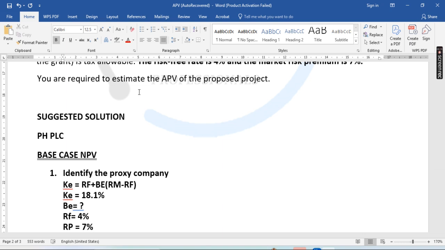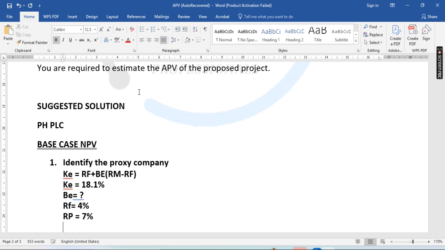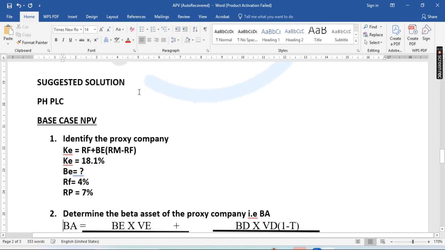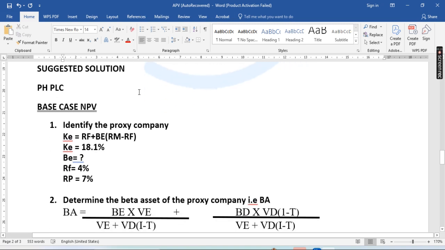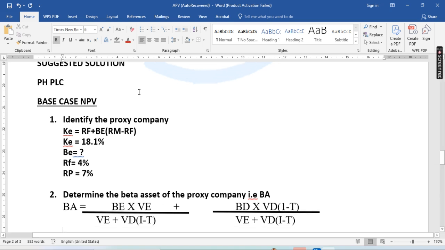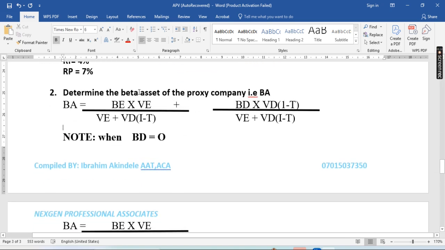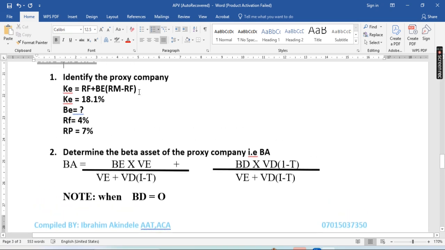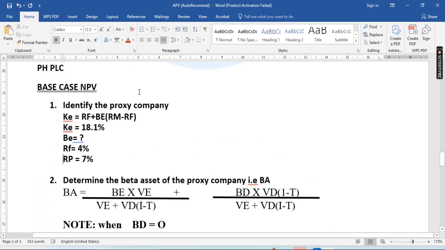So therefore, you can make this the subject of the formula to get your BE, because we need to determine asset beta. But before you get asset beta, you will need BE, because BE is not given. Since we are given the cost of equity of the POSI company, you can use it to make the subject of the formula to get your equity beta.